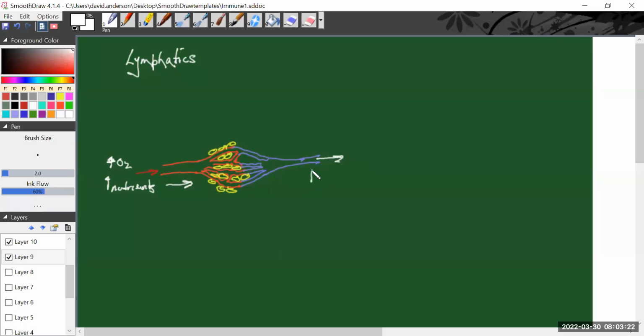And this blood will be relatively high in carbon dioxide and wastes. So the regular circulatory system is responsible for delivering oxygen and nutrients to all the cells in the body and removing carbon dioxide and waste from all the tissues in the body. We okay with that? Does that make sense so far?